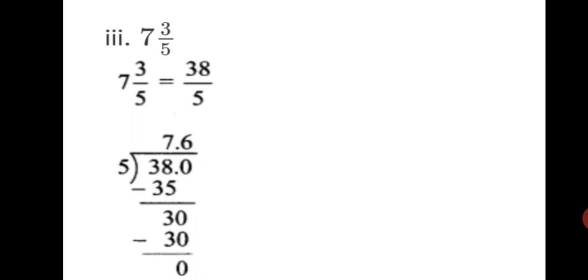So this is again a decimal form of a rational number, in the form of terminating decimal form, where the remainder is 0. The answer is 7.6. So 7 3 upon 5 is equal to 7.6.